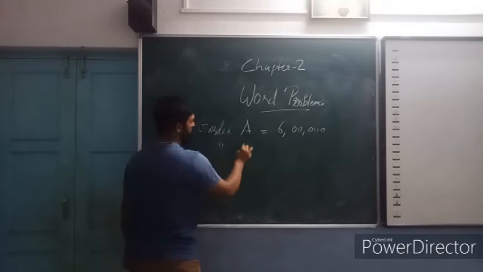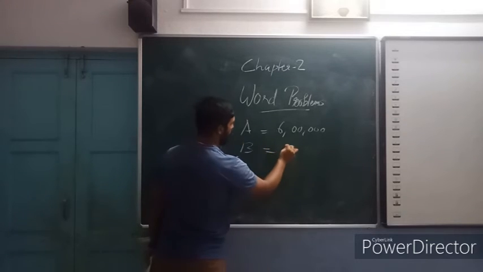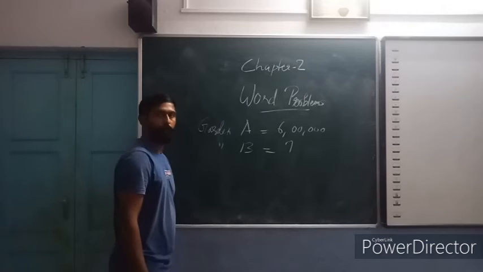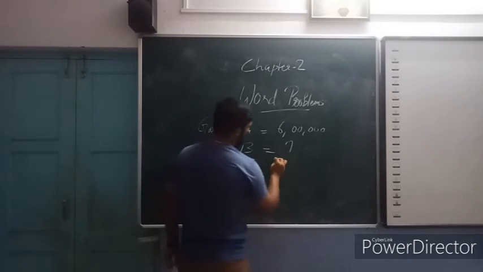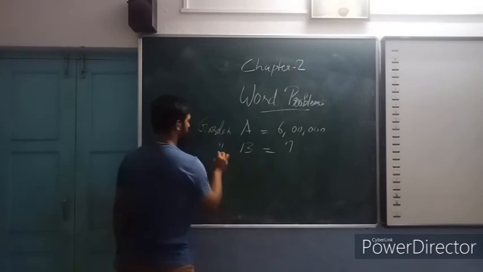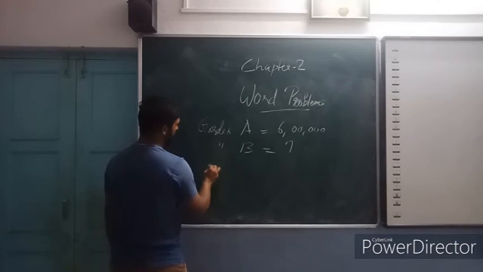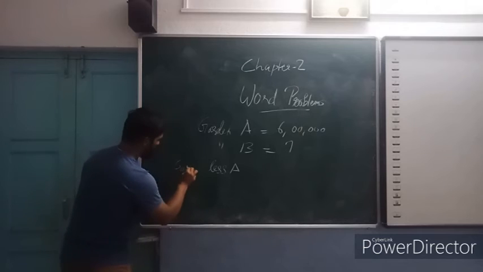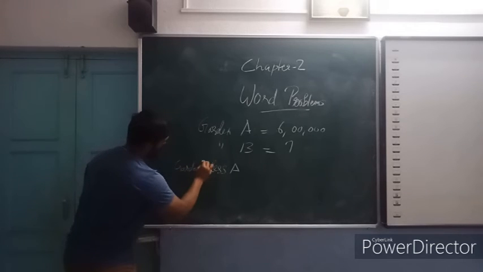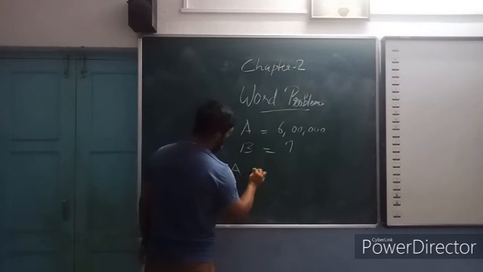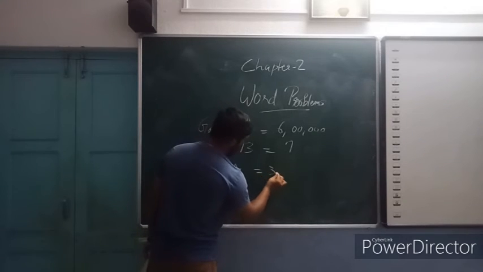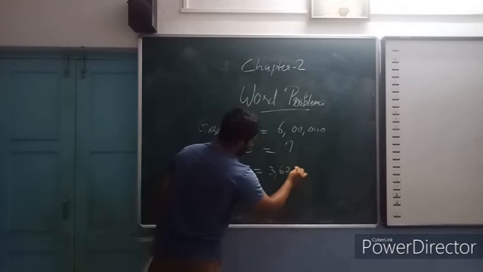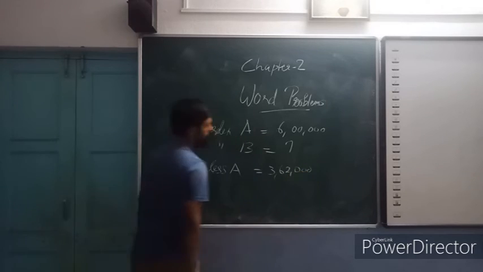Garden B, we don't know the total flowers, but it is given that garden B has fewer flowers than A. How many fewer? 3,62,000.